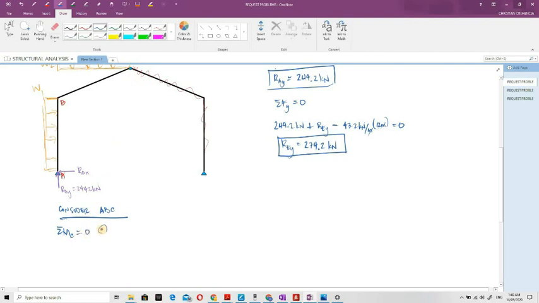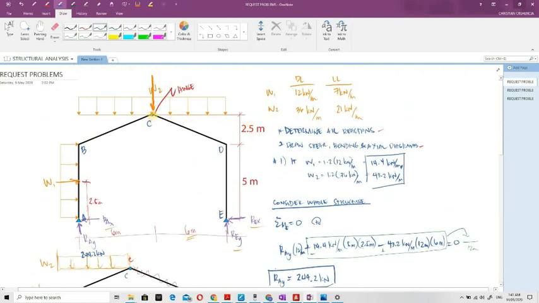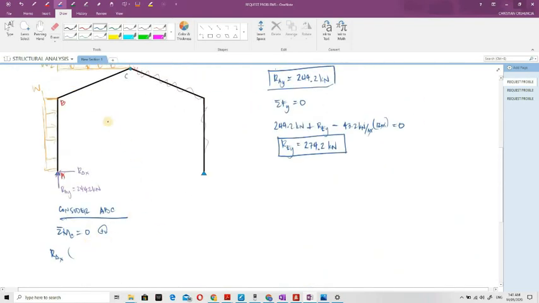So taking clockwise pa rin as positive. So from point C, okay, so yung RAY natin will produce clockwise moment, RAX natin will produce clockwise moment then. So unahin ko na muna yung unknown natin na RAX. Okay, so ano ang moment arm? So doon sa figure natin kanina, from point C papuntang vertical distance ng point C pababa doon is 7.5 meters.